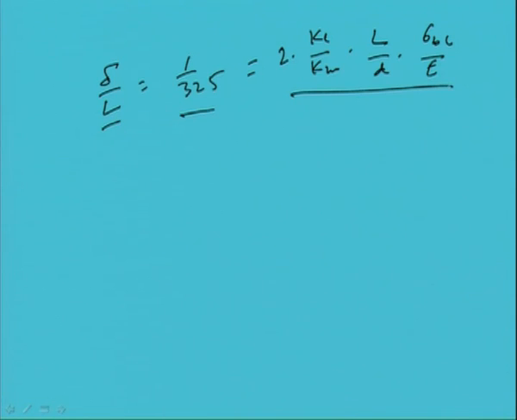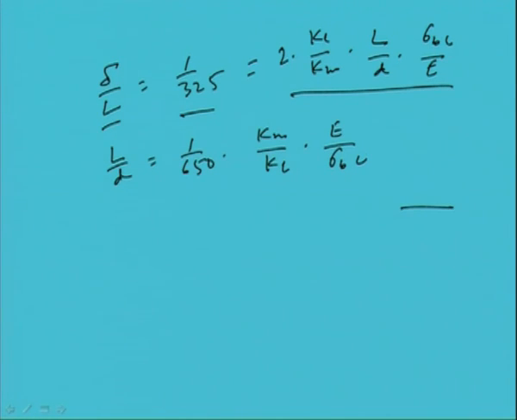Now if we derive further with the values, this becomes, 2 will come to this side, 1 by 650 into Km by KL into E by sigma BC.